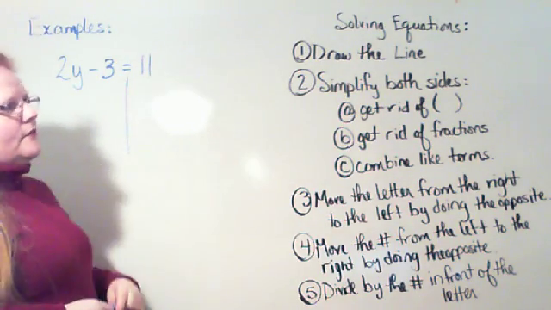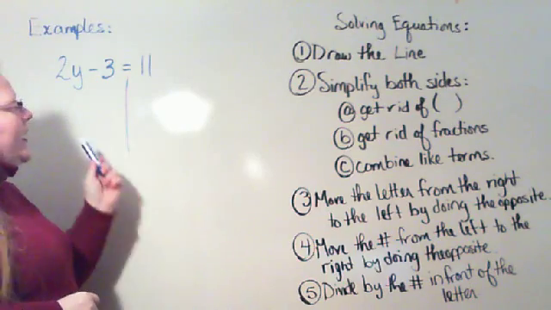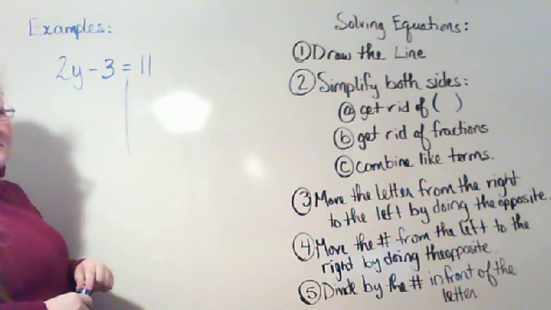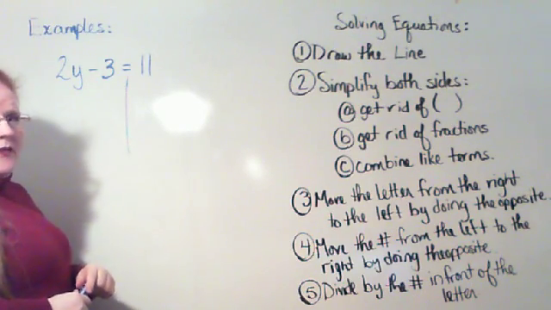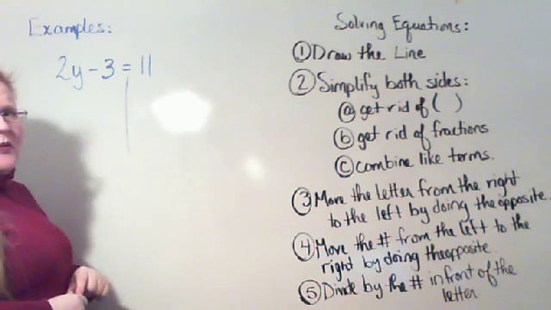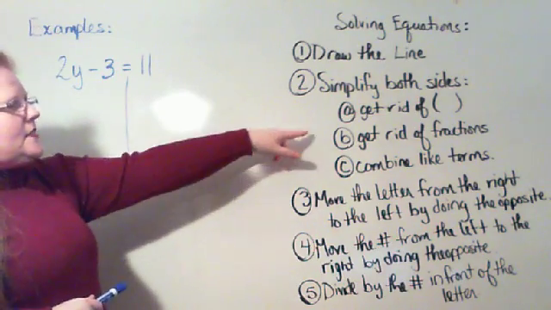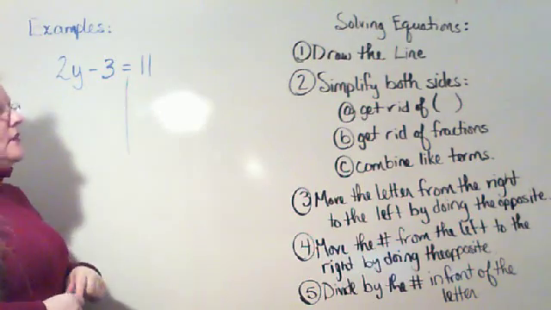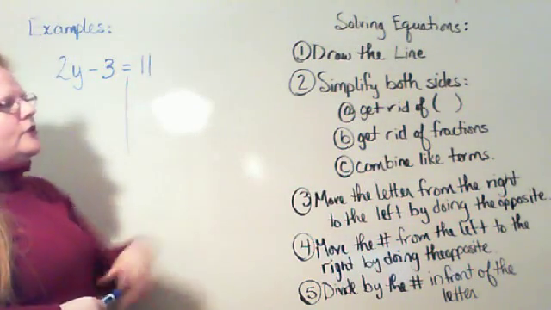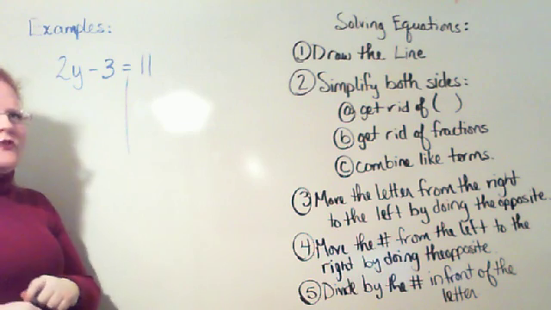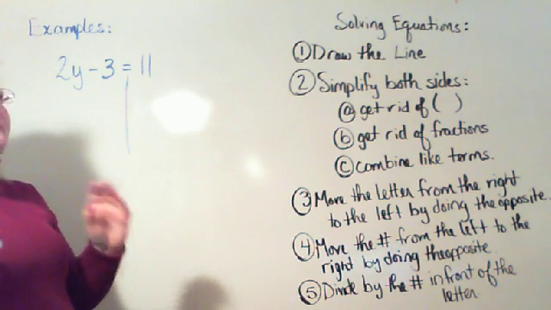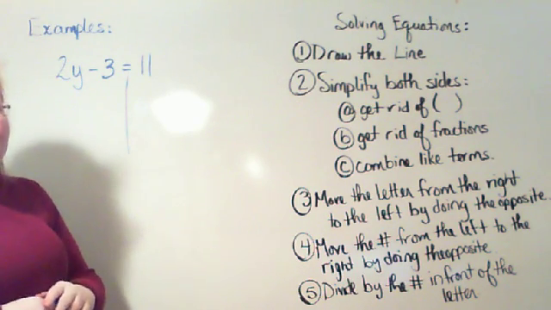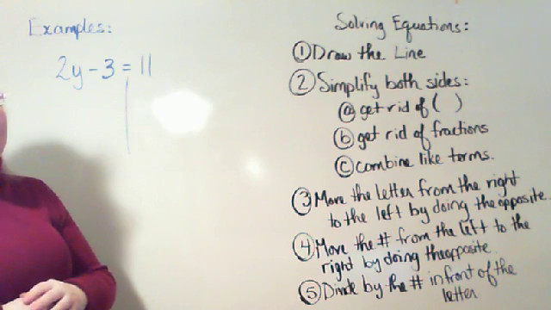The first thing I do is get rid of any parentheses I have. Do I have any parentheses in this? No. So if I don't have parentheses, I get to skip that step and go on to the next one. The next one says to get rid of any fractions I have. I don't have any fractions either. The next one says to combine like terms. Combine like terms is math speak for making sure all our letters are grouped together.